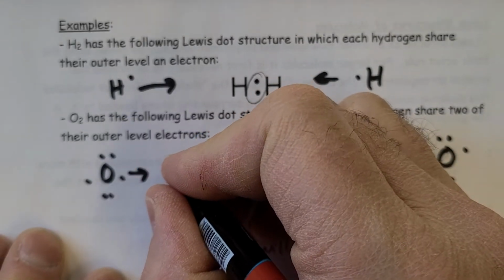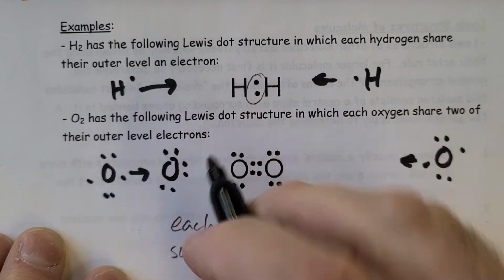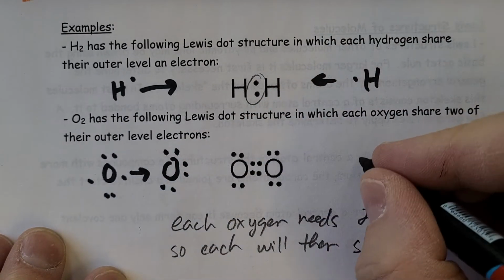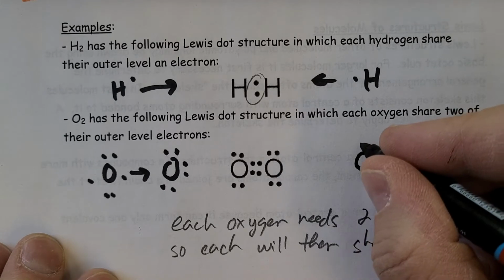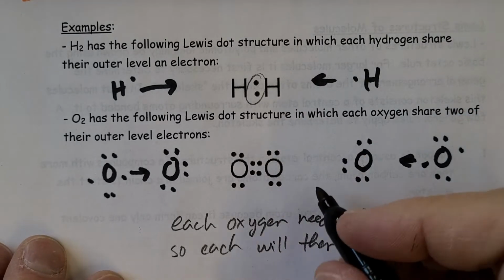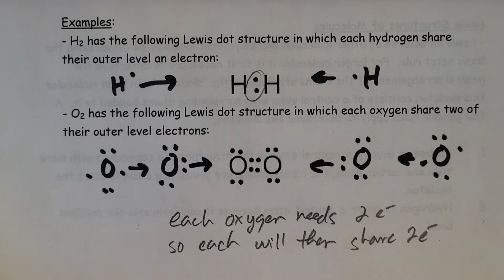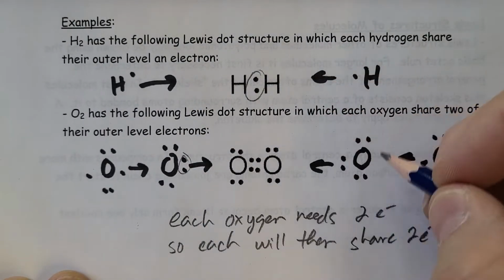Now here's where things get a little weird. We need to push those 2 electrons on this side so it can share with the other one. Now I know I said before that we try to make them as spread apart as possible, but when bonding comes into play, the electrons can be manipulated a little bit. So each oxygen is going to share 2.